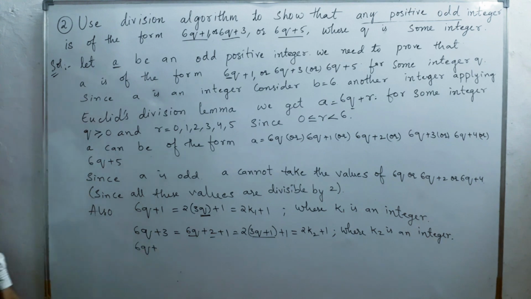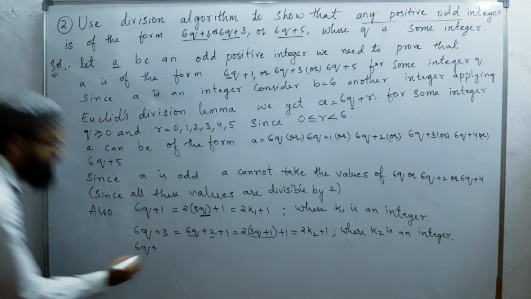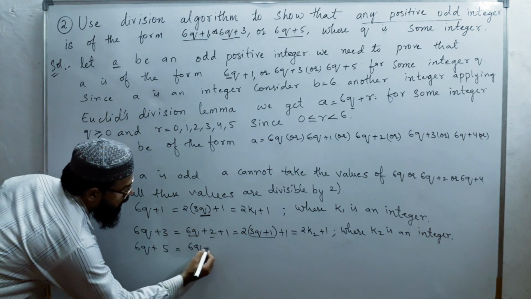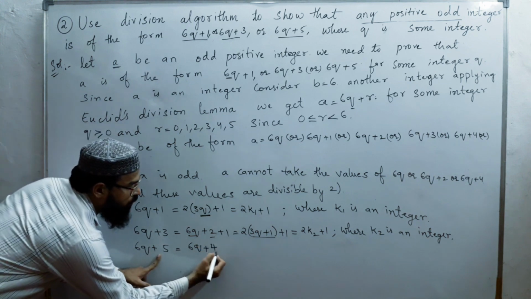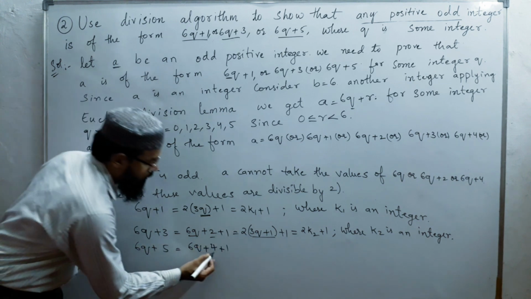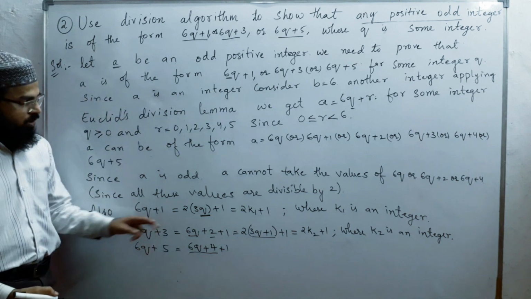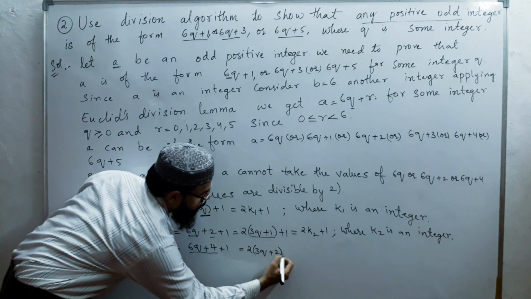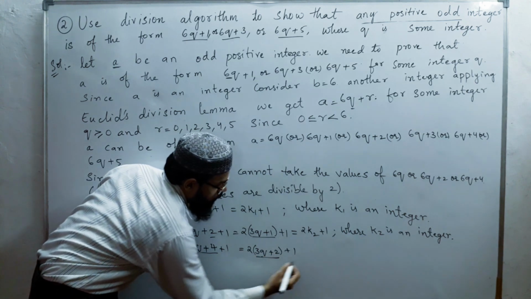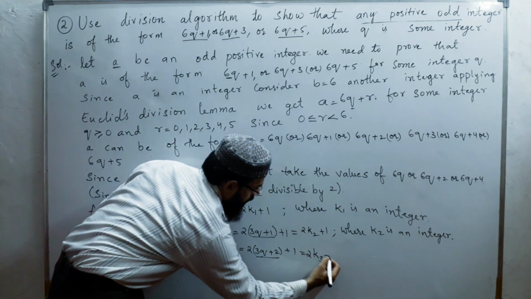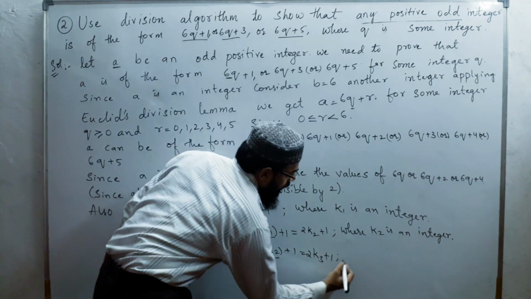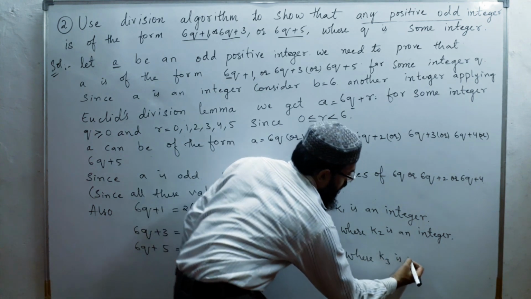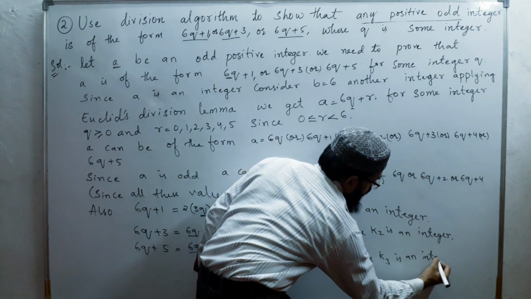What is the last value? 6q plus 5. 6q plus 5 can be written as 6q plus 4 plus 1. From this we can take 2 common: 2 times (3q plus 2) plus 1. Now this value will be 2k3 plus 1, where k3 is an integer.